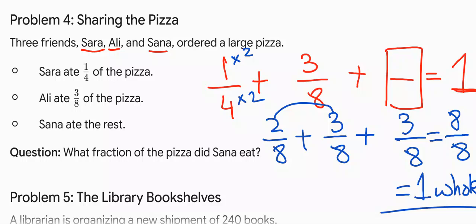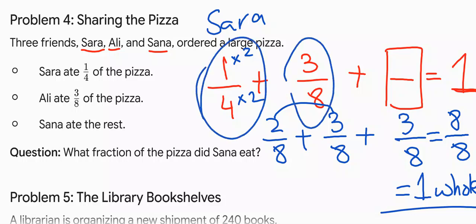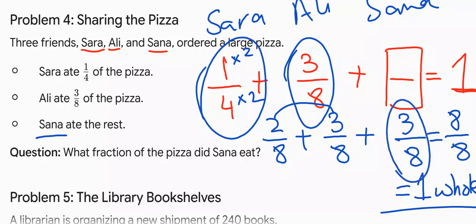So this one is what Sarah ate. Ali ate 3 by 8. And Sana also ate 3 by 8. What fraction of the pizza did Sana eat?